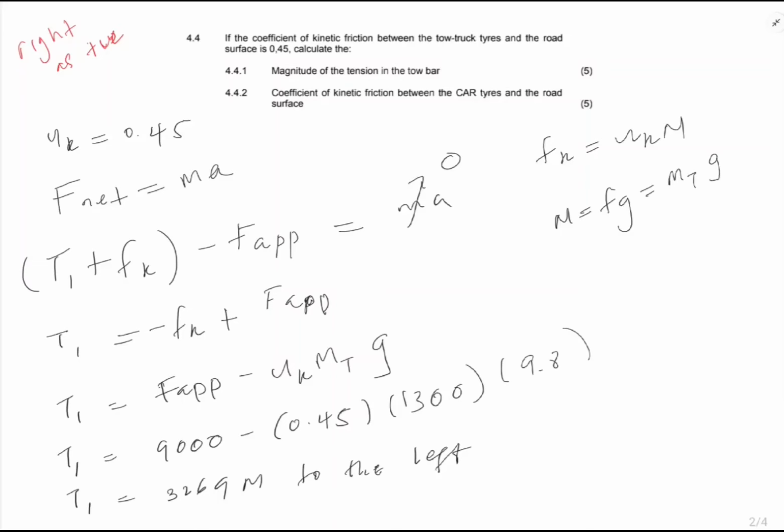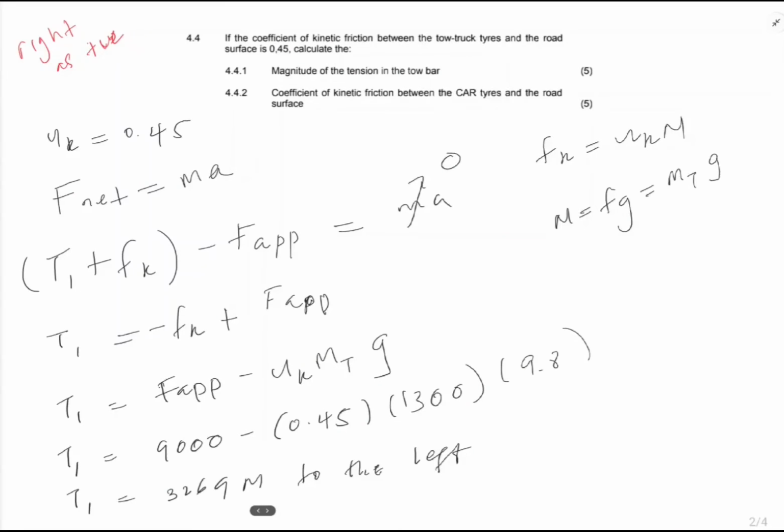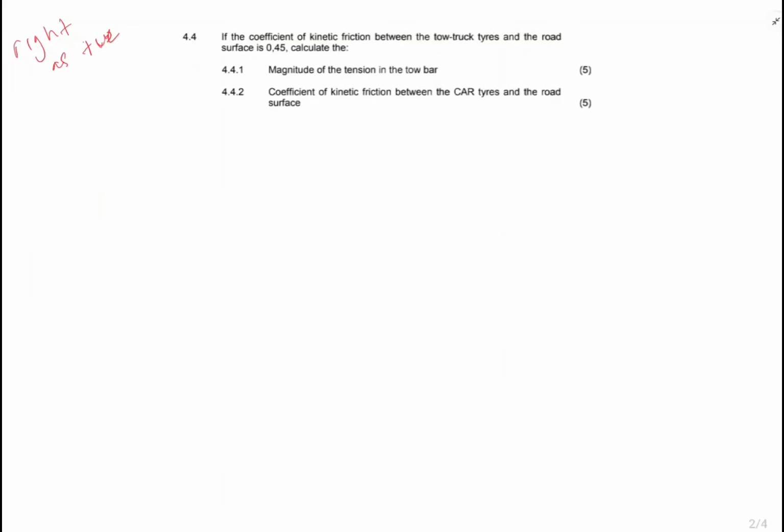You don't know the frictional force and all of that. So remember, it's always important to draw the free body diagram or the force diagram and to collect your information all in one place so that when you need to go back, you can just plug and play. It just becomes quite easy for you guys.